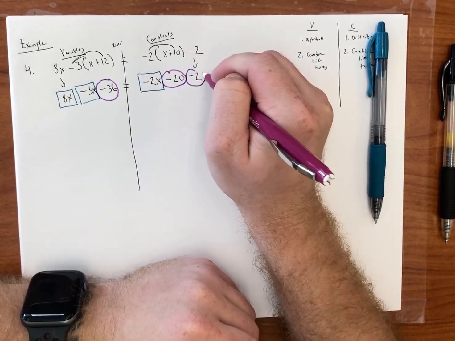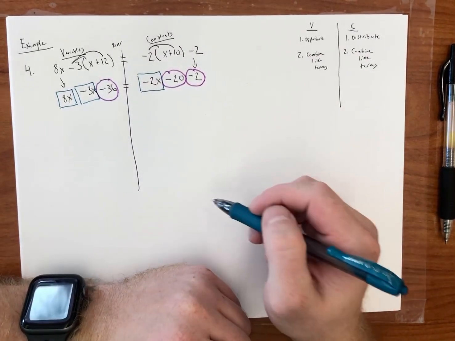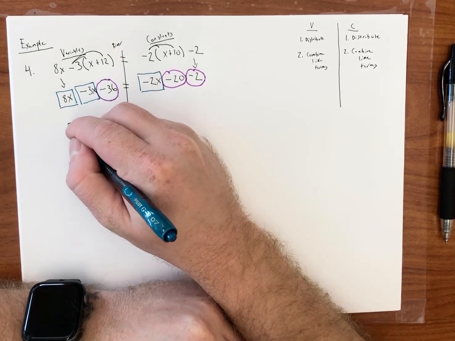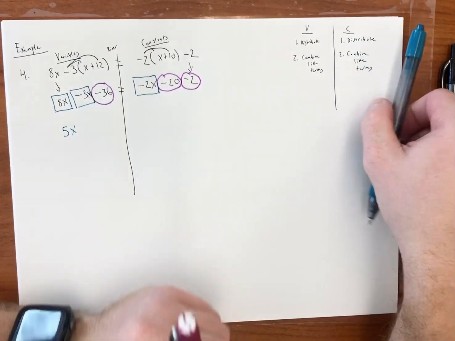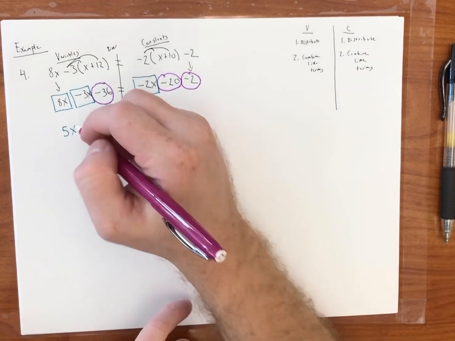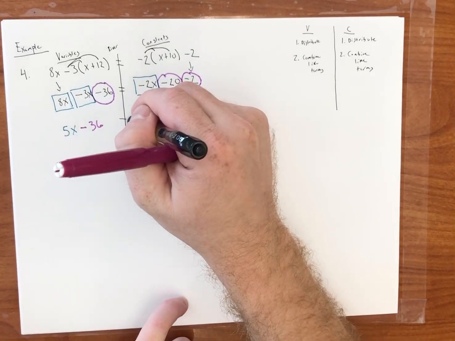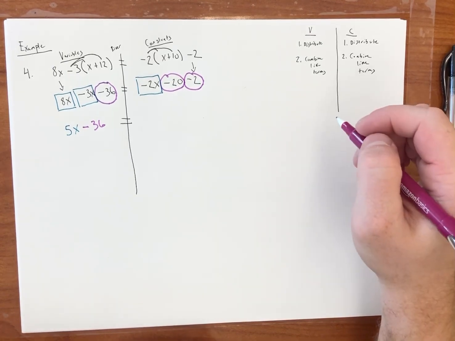Okay. So now let's just look at the variable side first. I have 8x minus 3x. So 8 minus 3 is going to give me 5x. And then did I do anything with the -36? Nope. So I just bring that down. Remember, these are equal. Okay. So again, we're still combining like terms.